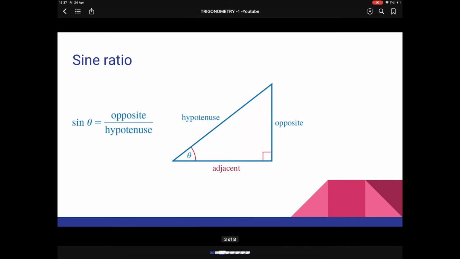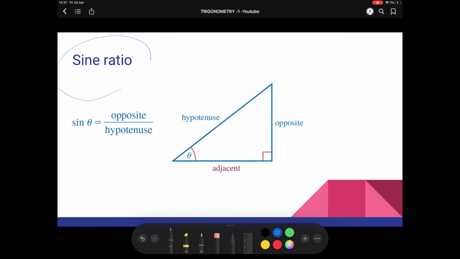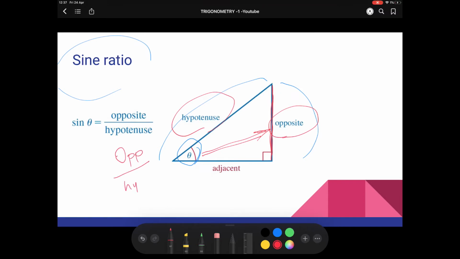But what are those? The sine ratio is the ratio between the opposite and the hypotenuse. According to the angle you have chosen, the side in the opposite direction is the opposite side, over the hypotenuse.